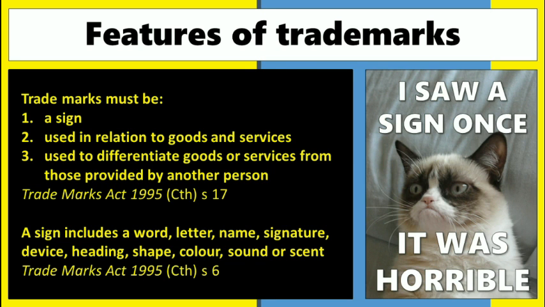You can have this association to your particular product in a variety of different ways. Some straightforward examples would be, say, the yellow capital M on a red background that one associates with the McDonald's Corporation. The product that's associated with that is hamburgers and fast food.